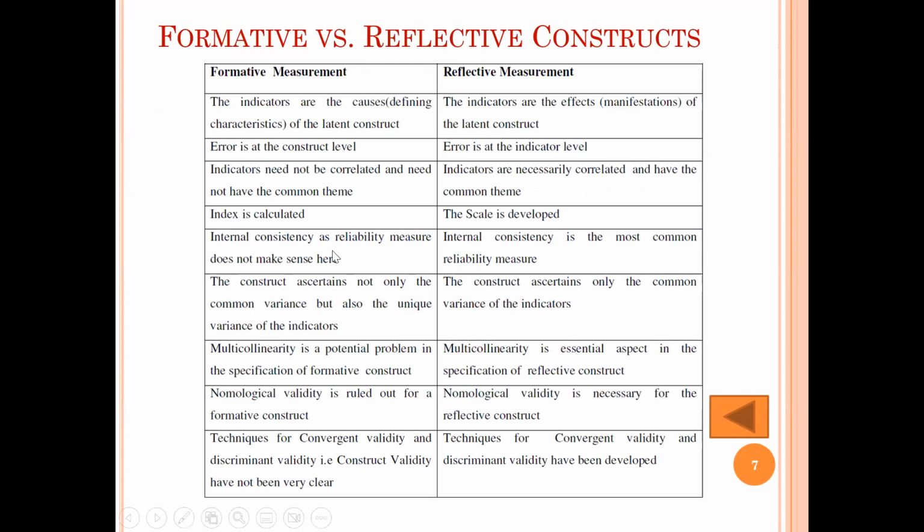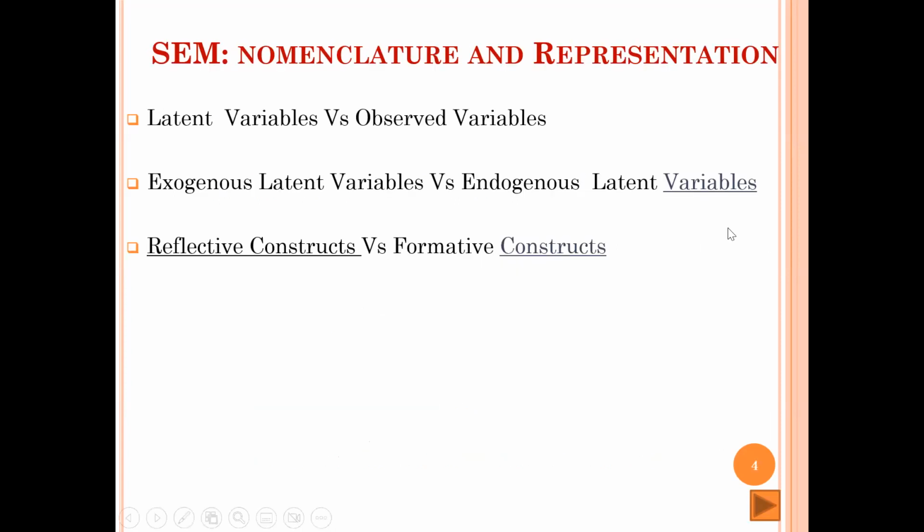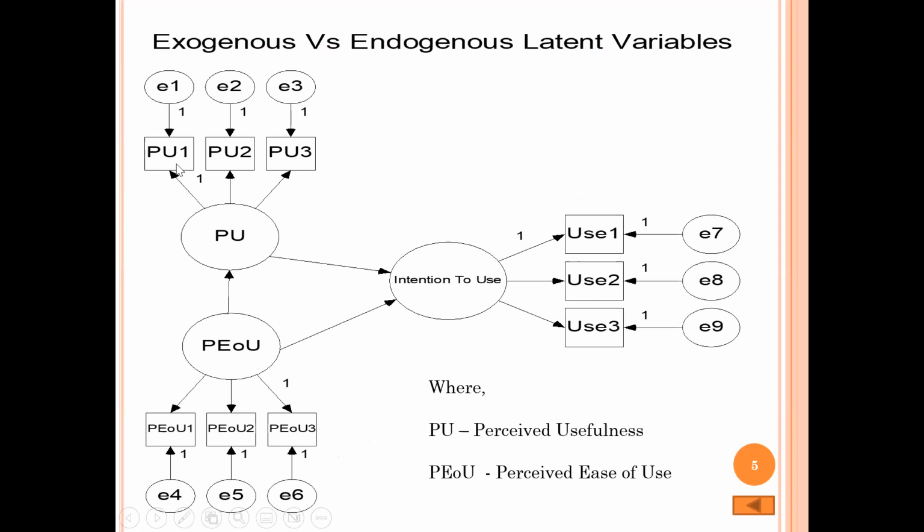If you see the previous diagram, PU is reflected in PU1, PU2, PU3. It is not forming the factor PU, but PU is reflected through PU1, PU2, PU3. Similarly, intention to use is reflected in use 1, use 2, use 3. The arrow is from the construct to the item level. That is what is known as a reflective construct.